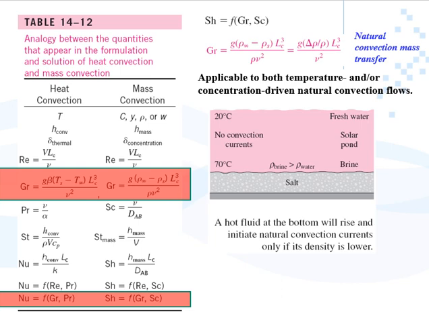Delta thermal, delta concentration, Reynolds the same, Grashof in heat convection. We use that correlation to calculate Grashof for mass convection. There is another correlation that we need to use. Prandtl in heat convection, we said that it's similar to Schmidt number in mass convection, both dimensionless.